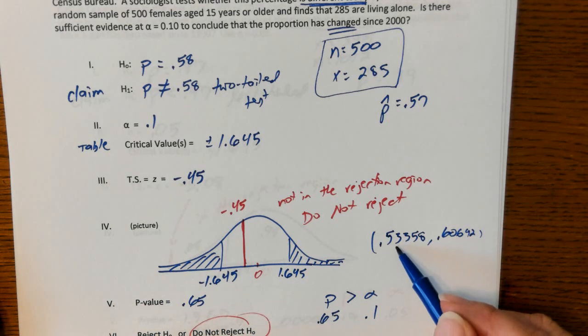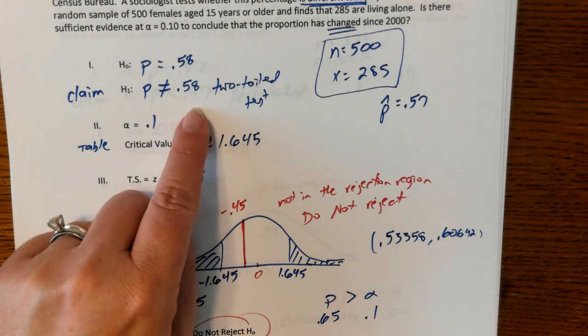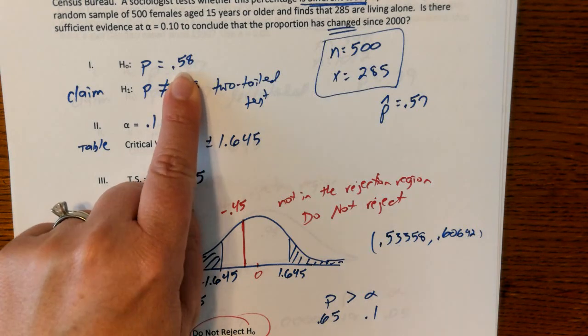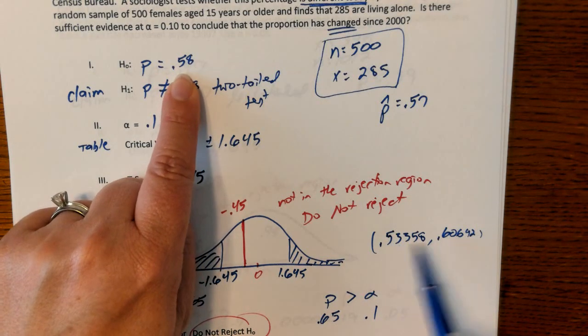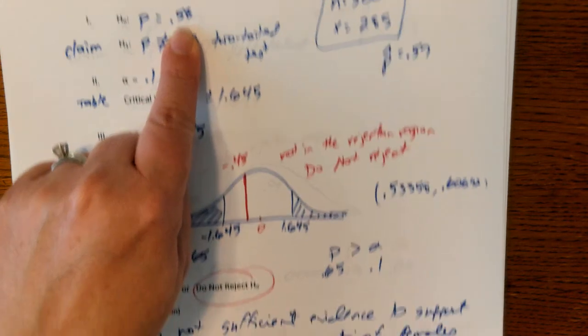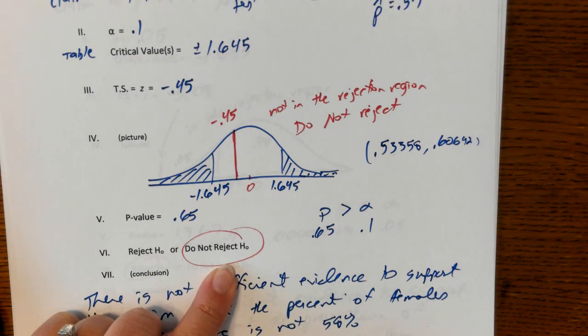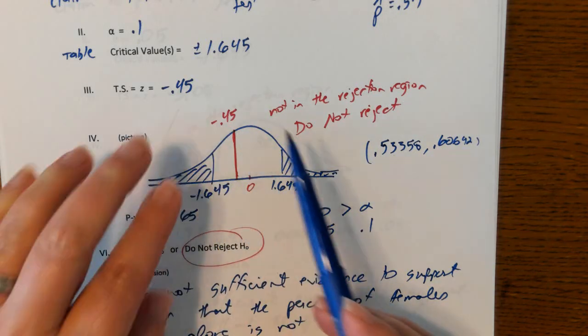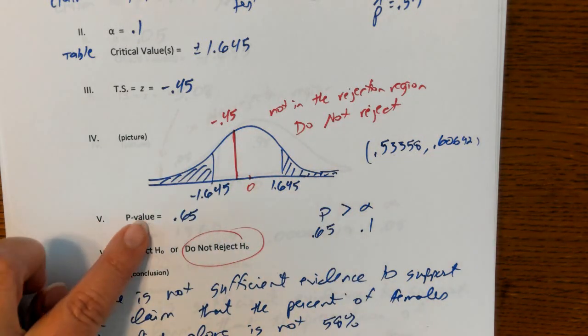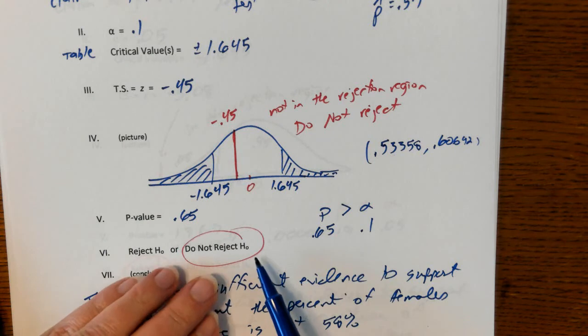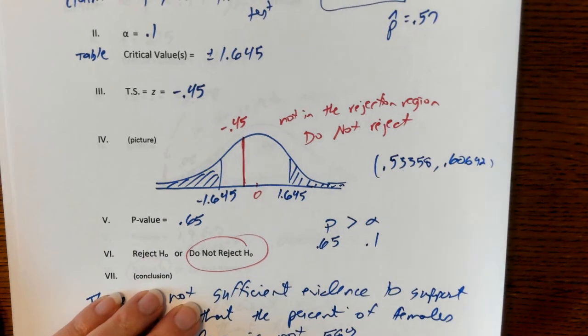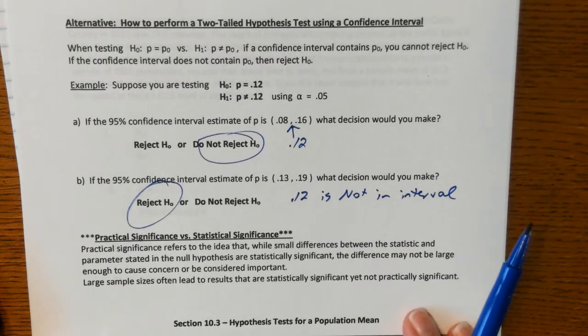Well, 53% to 61% does contain 58%. 58% is in that interval. So we would not reject the 58%. Notice that all three methods, the test statistic method with our rejection region, our p-value approach and our confidence interval approach, would all lead to the same conclusion of not rejecting. So we just wanted to see an example of how that confidence interval approach worked.